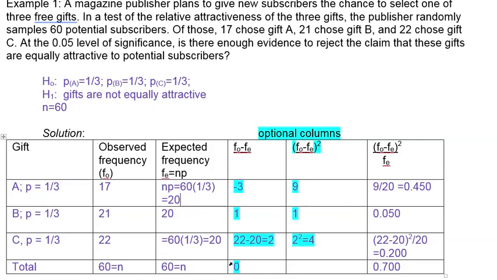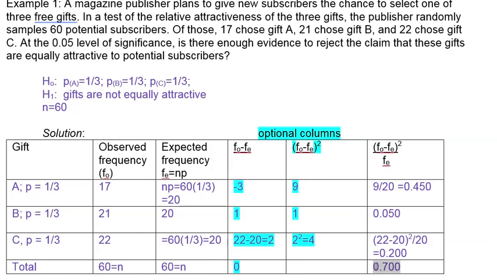The optional columns, the observed minus expected squared, doesn't really tell us anything as a total, but we know we're on the right track if the observed minus expected before we squared it adds up to 0. Because it should add up to 0. Some are going to be above the expected value, some of them are going to be below the expected value. Makes sense.